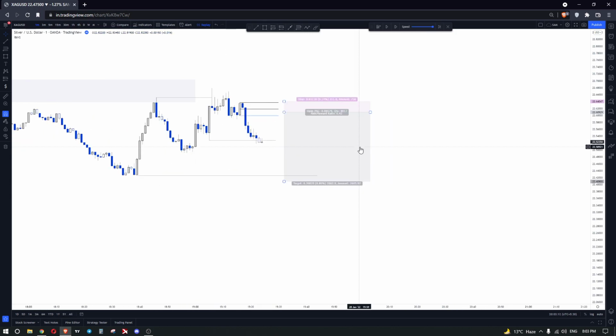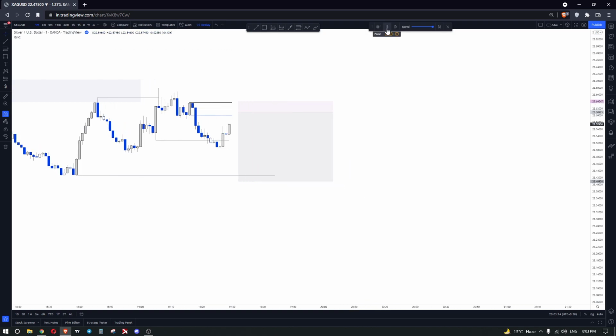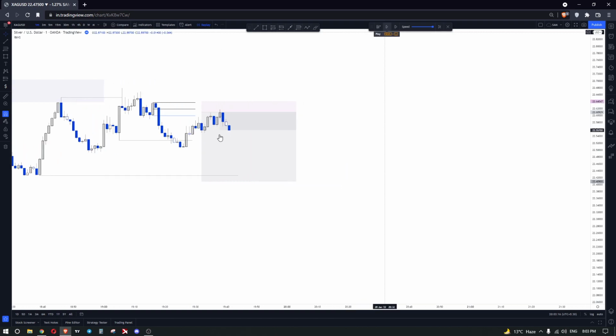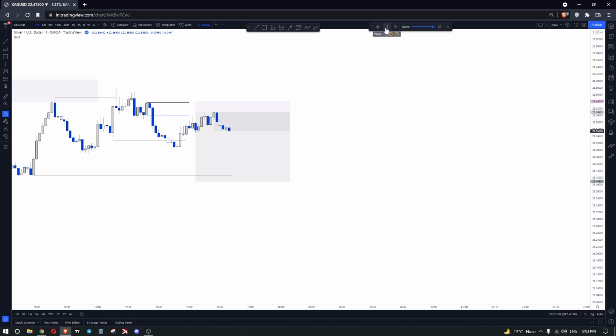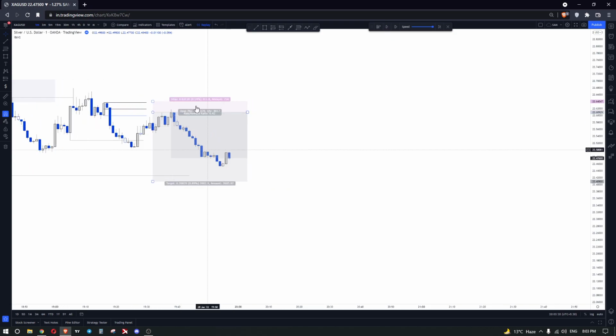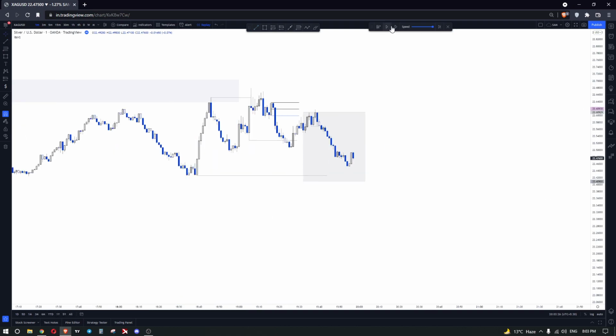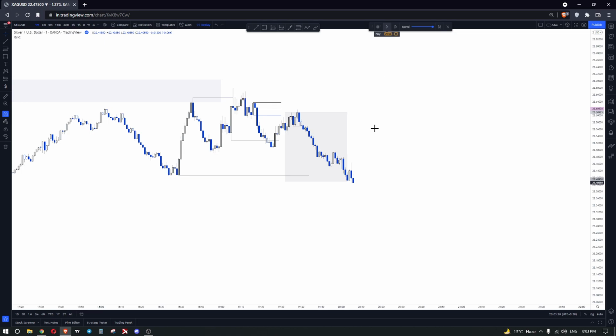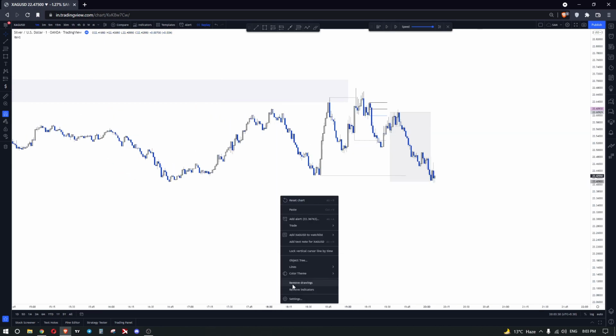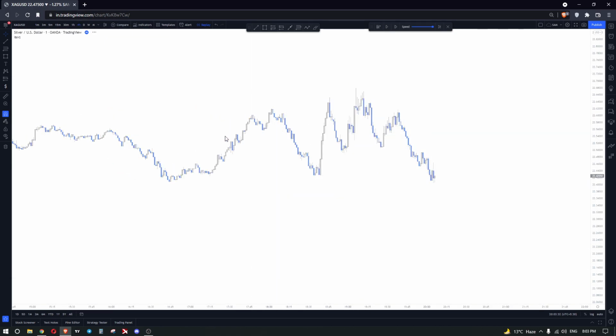Still, this is 1 to 6, not really bad. Price took us in and flew right from there. Once it broke this structure, my trade would automatically be break even. So yeah, boom. This is how you need to trade in the order flow.